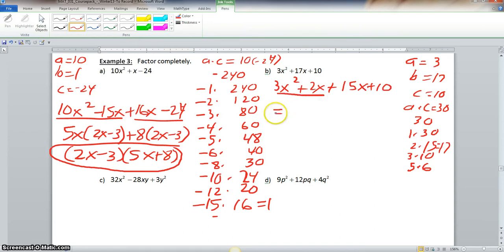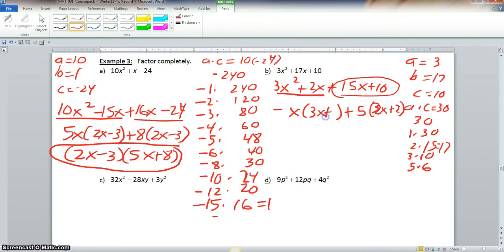We group these first two terms. We can factor out an x, and we have 3x plus 2. We group the second two terms here. We can factor out a positive 5, and it'll be 3x plus 2.